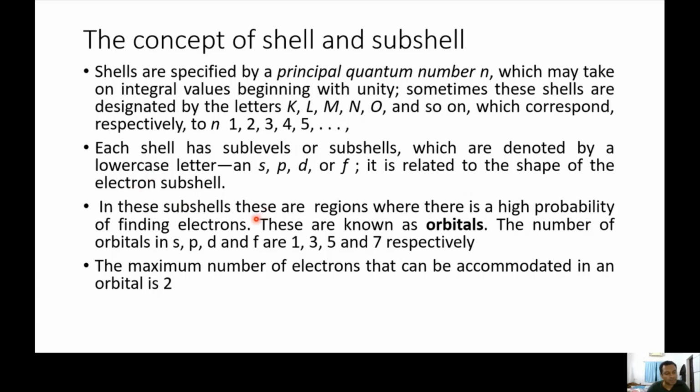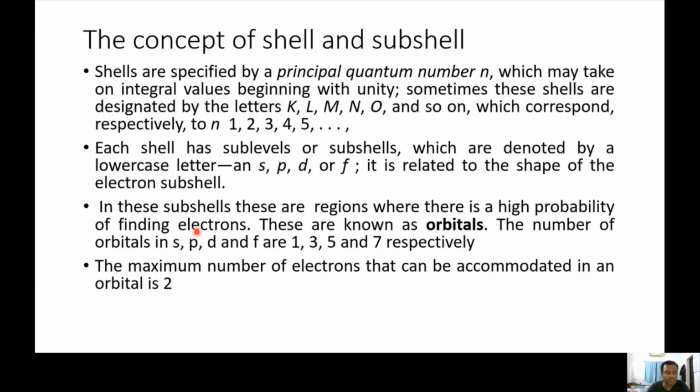In these subshells, there are regions where there is a high probability of finding electrons, and these are known as orbitals. Inside these orbitals, the probability of finding the electron is very high. So electrons can be found in these orbitals.